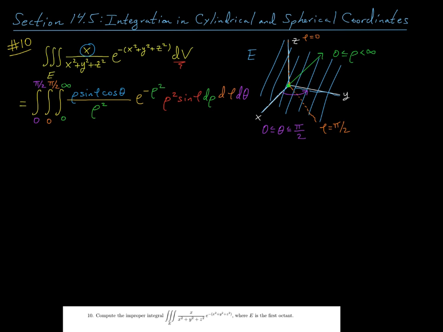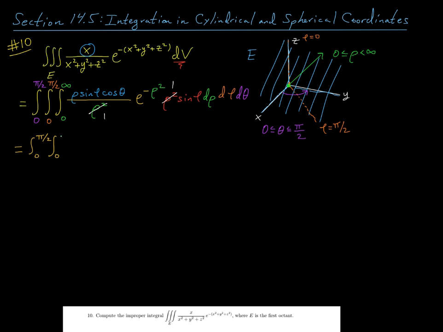Okay, so now notice that the rho squareds here and here can drop out. That's nice. And so what else are we going to get? We are going to get a sine squared phi, and then we also have the cosine theta, and then I'm going to group this rho with the e to the minus rho squared.